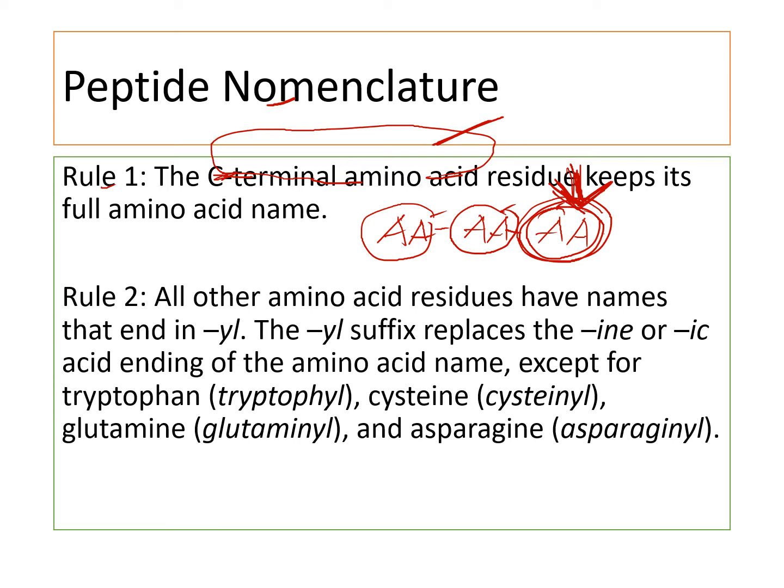It is the amino acid at the far right end. So in this case, this is your C-terminal amino acid. If this specific amino acid is your methionine, that means we can expect that the name of the peptide also has the term methionine in it.